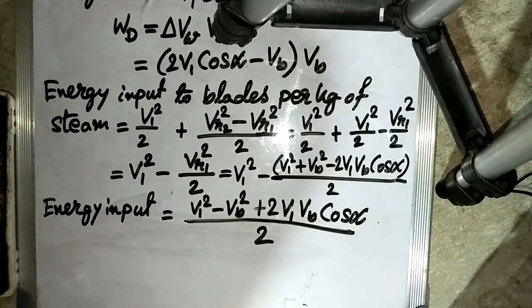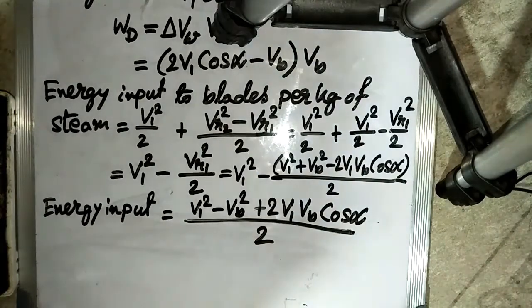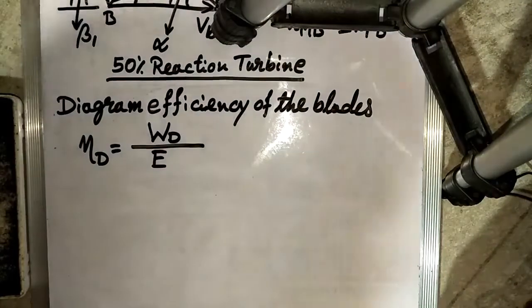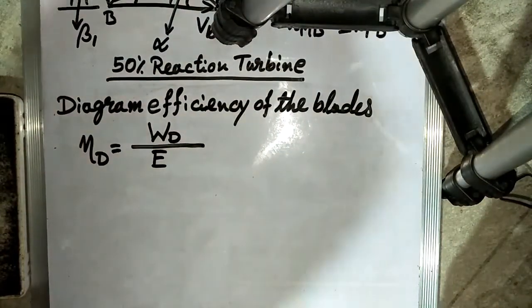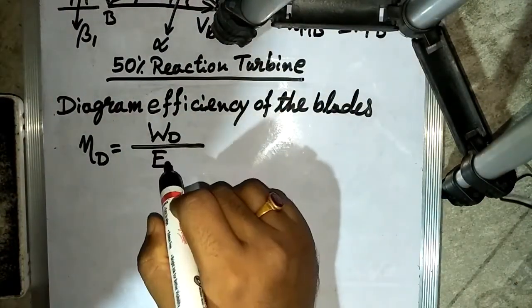Now let's derive the efficiency of the blades. The diagram efficiency of the blade is equal to the diagram work divided by the energy input.